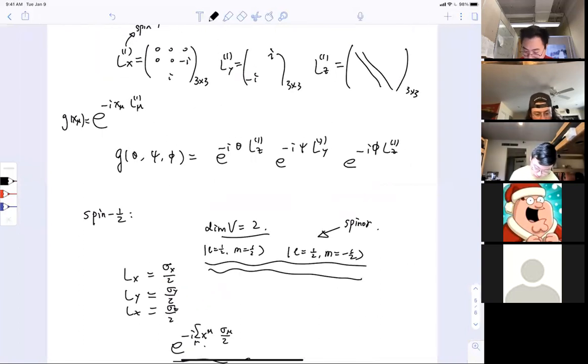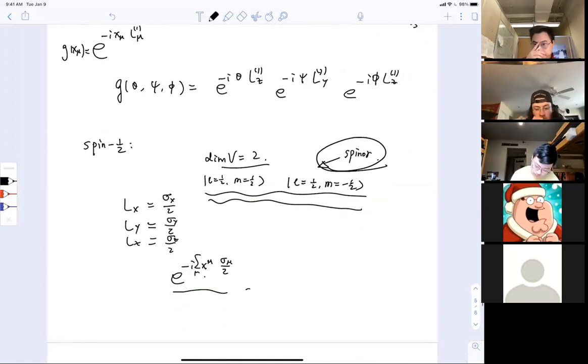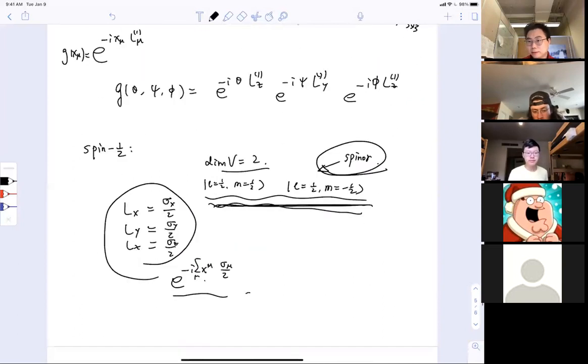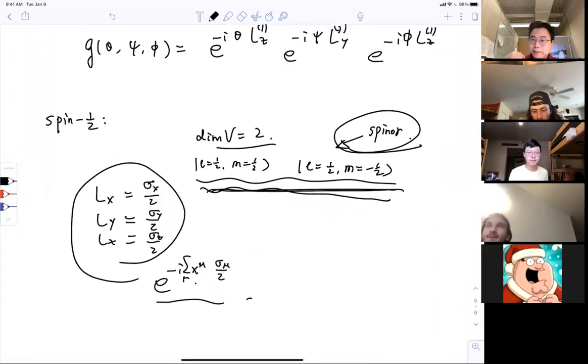So you can say different objects live in different representation spaces, and they respond differently under rotation. How they transform under rotation depends on the representation, and of course this is because they live in different spaces. And their group structure is the same. They're all rotation-like operations.